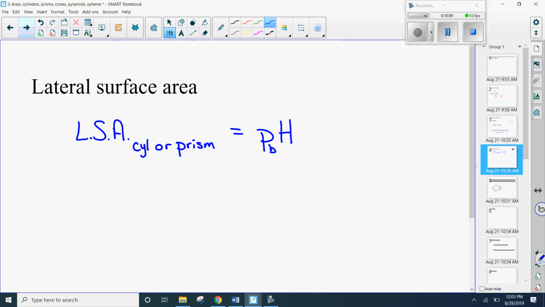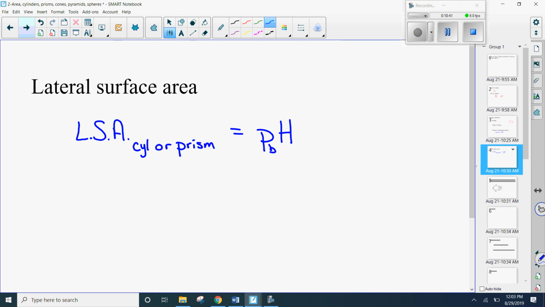In a cylinder, find the circumference because that's the same thing as perimeter. If you talk about that triangular prism, let me just create one. Do you see a triangular prism?